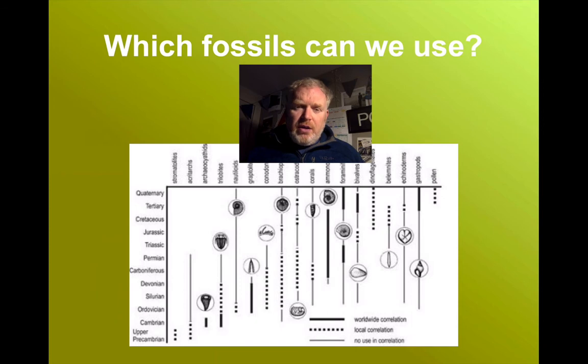There are different groups of fossils that have different degrees of usefulness as zone fossils. That might be at different times in the geological column, or it may just be that some of these organisms are far better suited than others for the job of dating rocks. What we need to do next is to try and evaluate which ones may be useful to us.